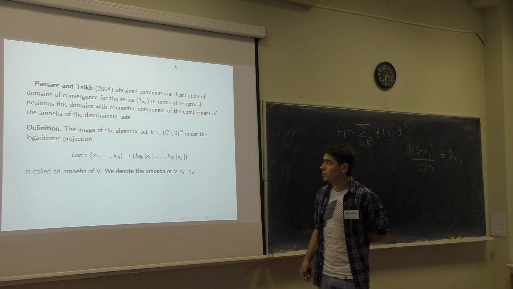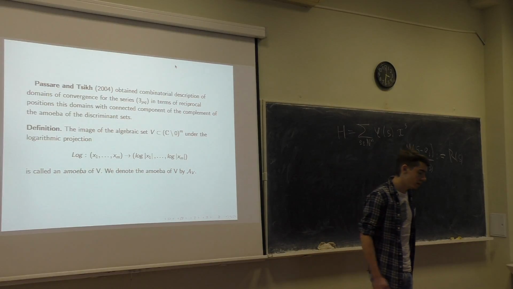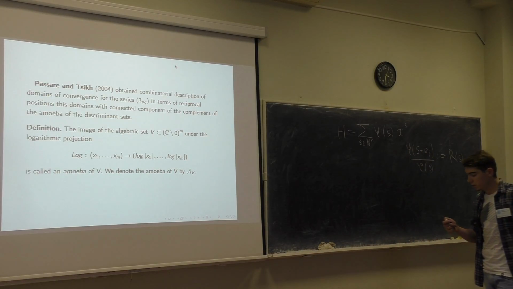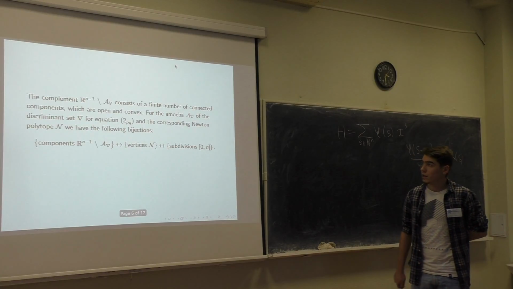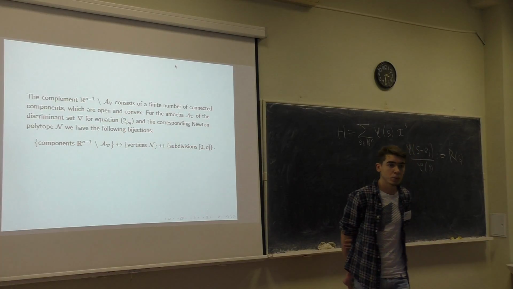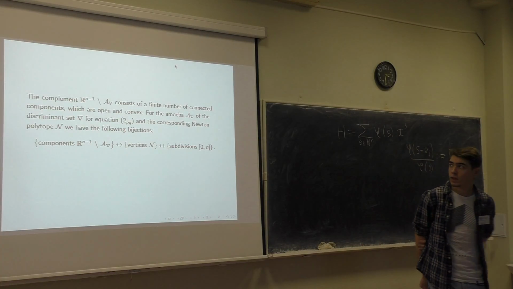And now to explain the result, we need some facts about the complement of the amoeba. The complement of the amoeba consists of a finite number of connected components which are open and convex.